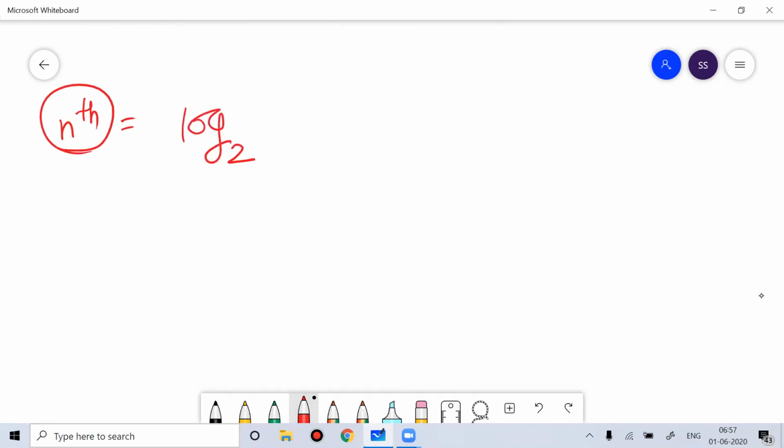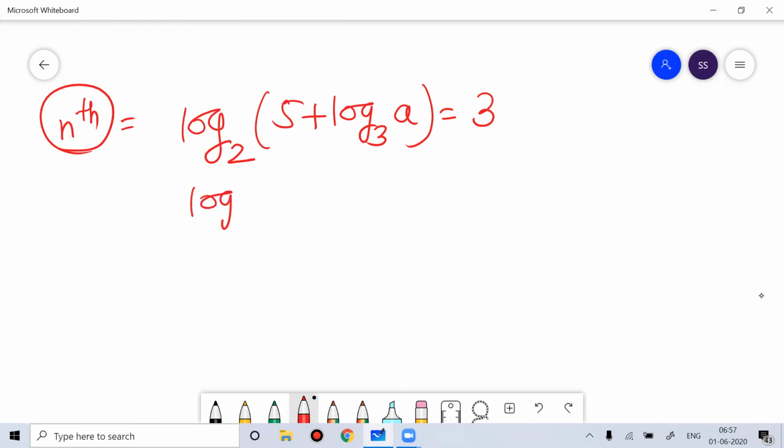So log base 2 of 5 plus log base 3 of a is equal to 3. Okay, so this is one statement. The other statement is log base 5 of (4a plus 12) plus log base 2 of b equal to 3.